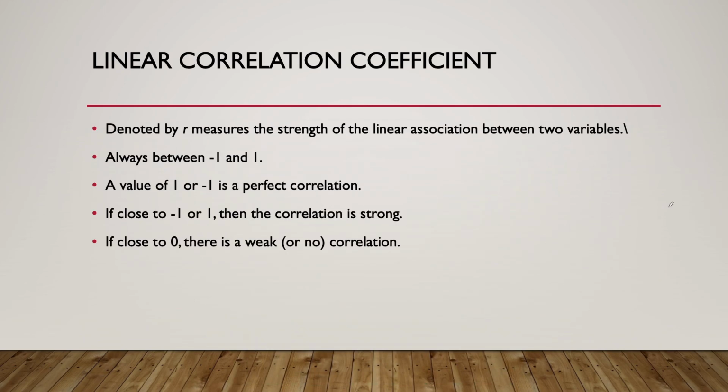And the linear correlation coefficient, denoted by a lowercase r, measures the strength of the linear association between two variables. And it's always between -1 and +1. A value of +1 or -1 is a perfect positive or perfect negative correlation, so this one being positive and this other one being negative.